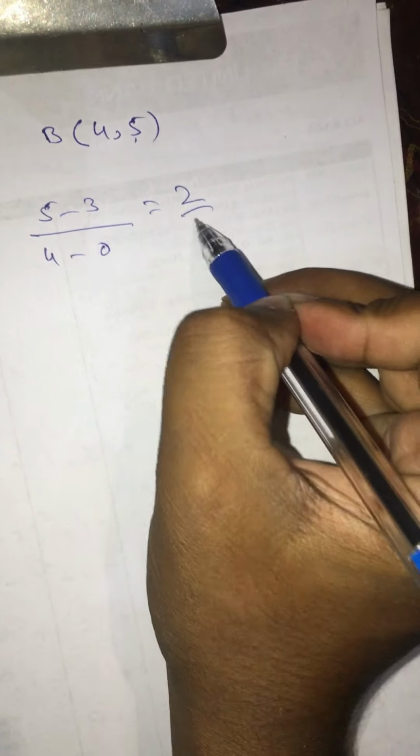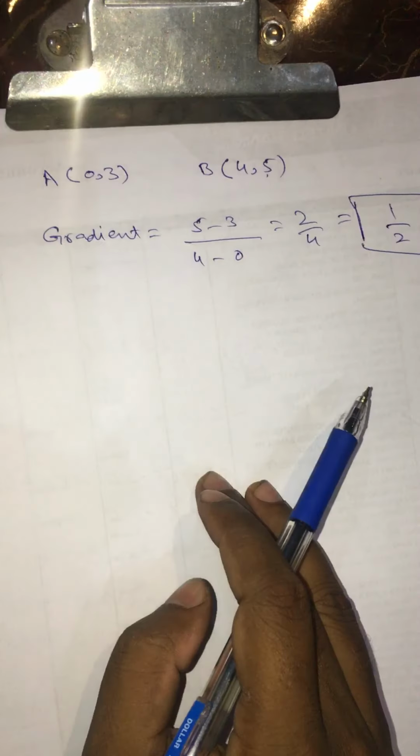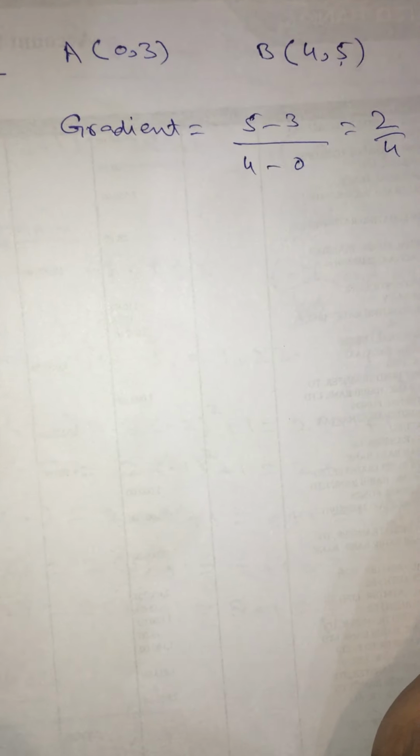That will be 5 minus 3, 2 by 4. So the answer will be 1 by 2. The gradient of the line passing between these 2 points will be 1 by 2. This is a very simple example.